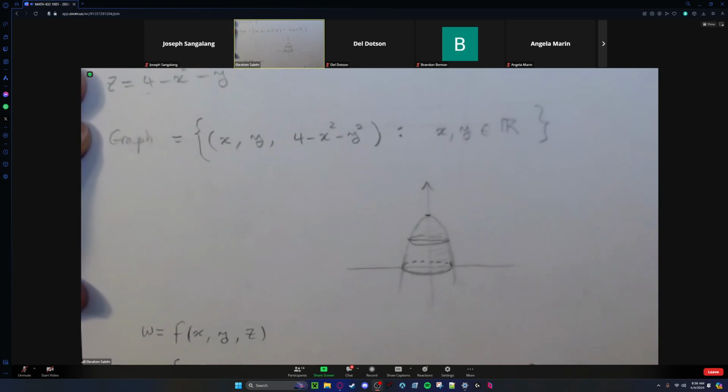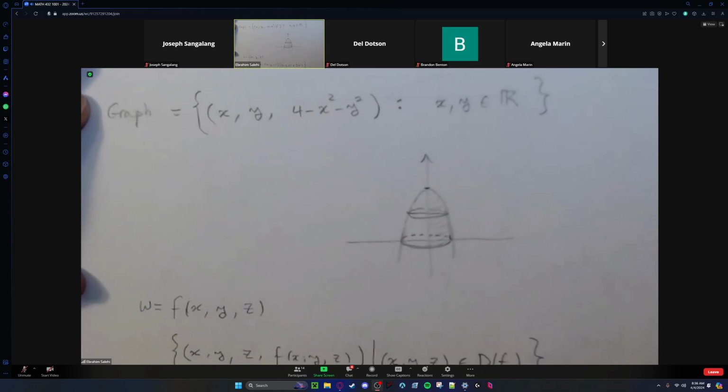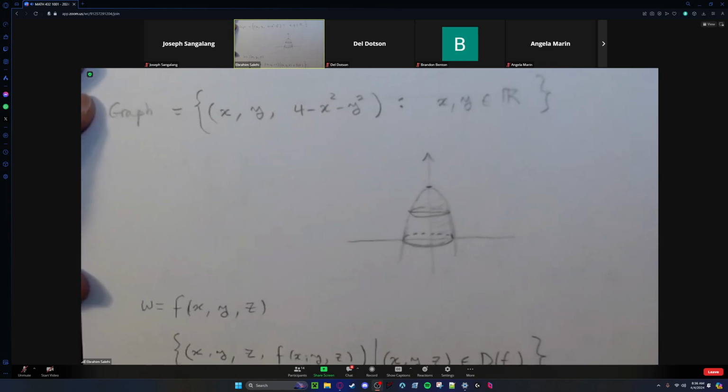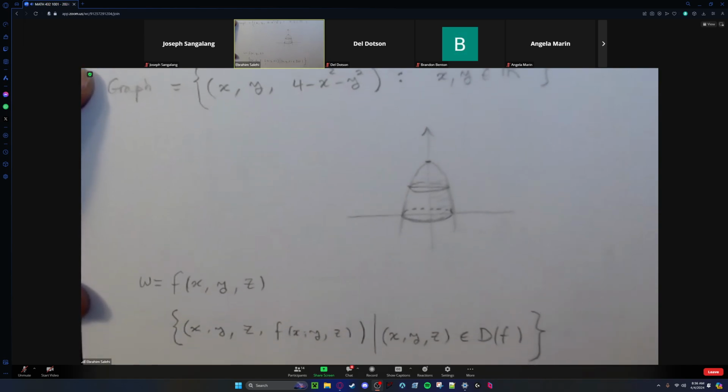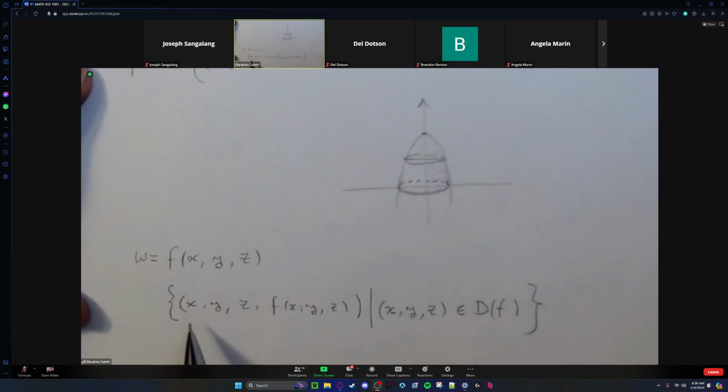But when it comes to a function of three variables, x, y, z, if we want to follow the same rule, by the same rule I mean the input is x, y, z and the output is calculated by this rule, you will get a point in 4D, a four-dimensional point.